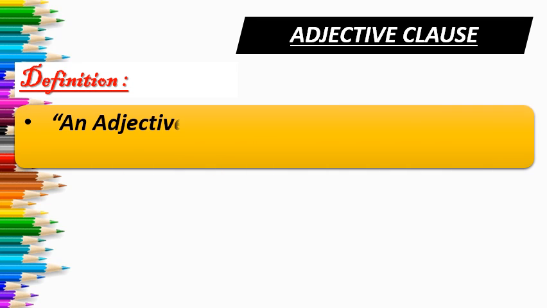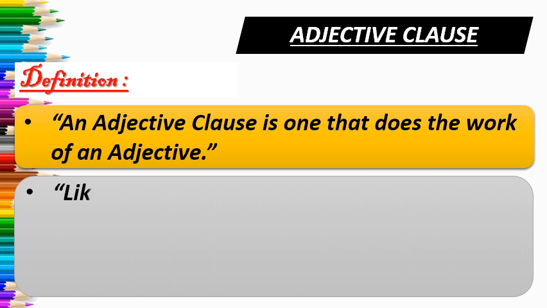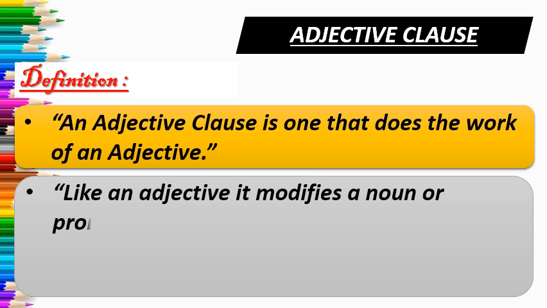So now let us see what is the meaning of an adjective clause. An adjective clause is one that does the work of an adjective. Like an adjective, it modifies a noun or pronoun in the sentence.